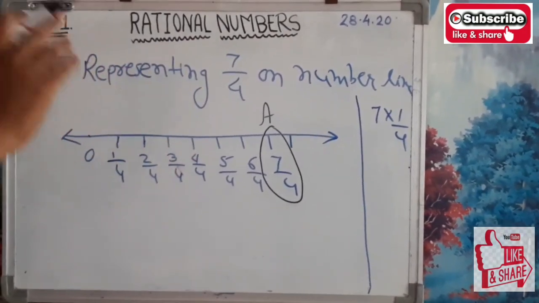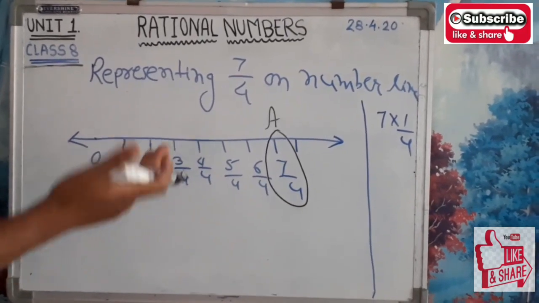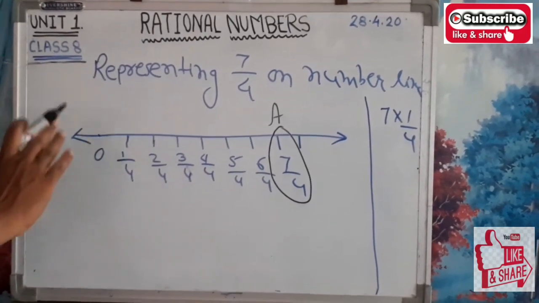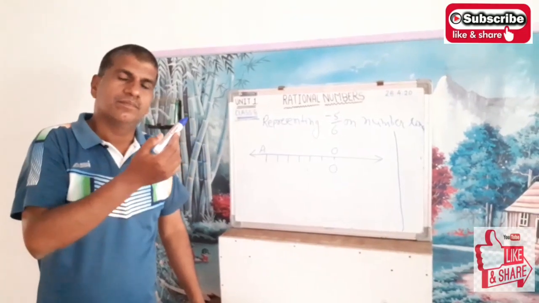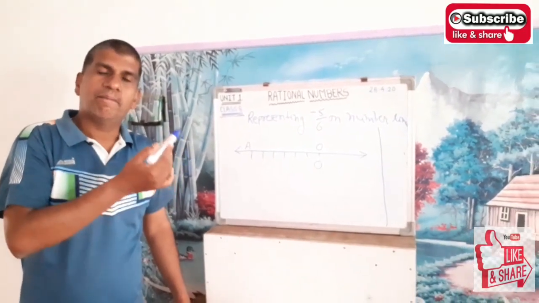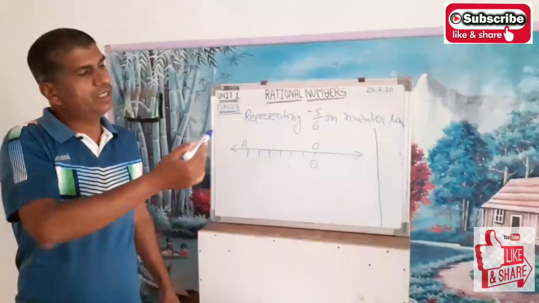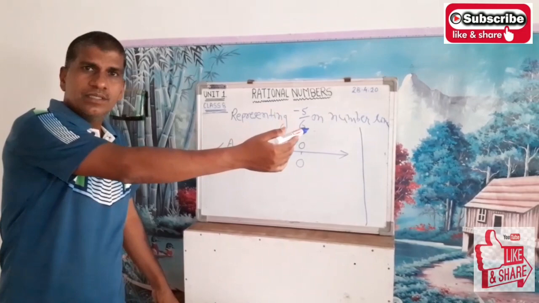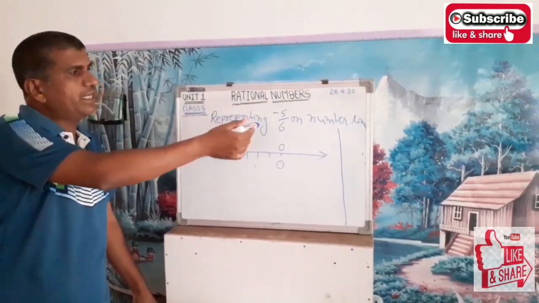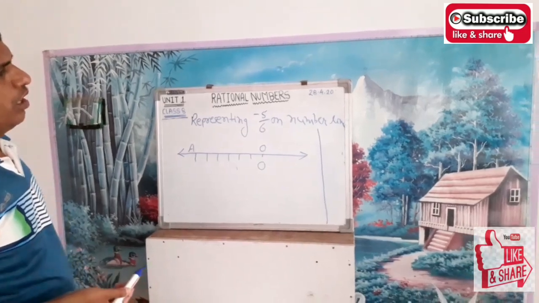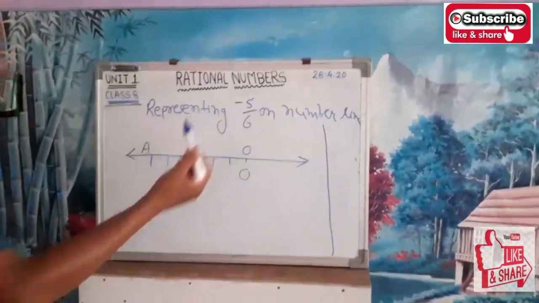We can also represent a negative rational number on the number line. Now I am going to take a negative number. Dear children, positive integers can be represented on the right side of the 0, and negative integers on the left. So we can show it on the number line: minus 5 by 6.